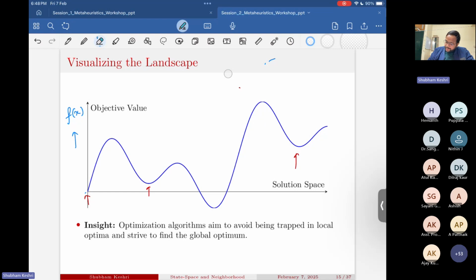And when you are actually implementing a metaheuristic, it is a difficult thing to understand how the landscape is. Why? Because to plot the landscape, you have to obtain the objective function value at each of the x points. And if you're doing that, you can just pick the value which is best. Why are you worrying about modifying the landscape?